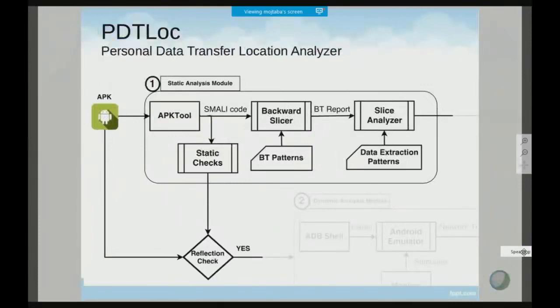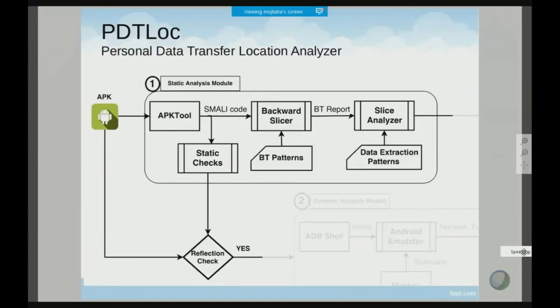For the static analysis, we extract Smali code, and we analyze the code in a backward manner. We don't go from source to sink, like the typical state of the art. We go from sink to source, because we are looking for particular things. In this way, we can filter out the other flows, because usually the approaches that analyze code for privacy leakage consider anything leaving the app as a leakage.